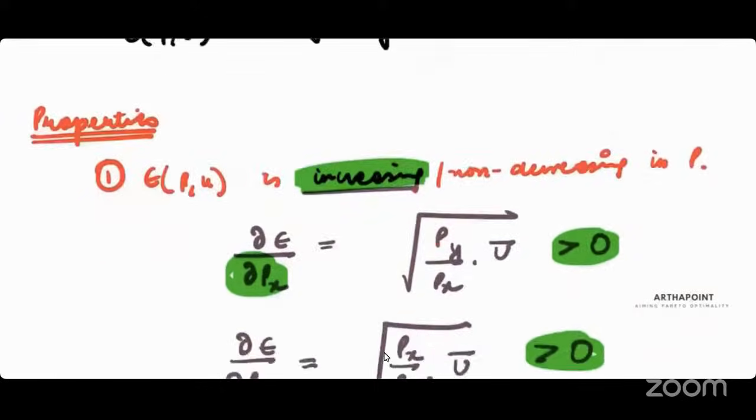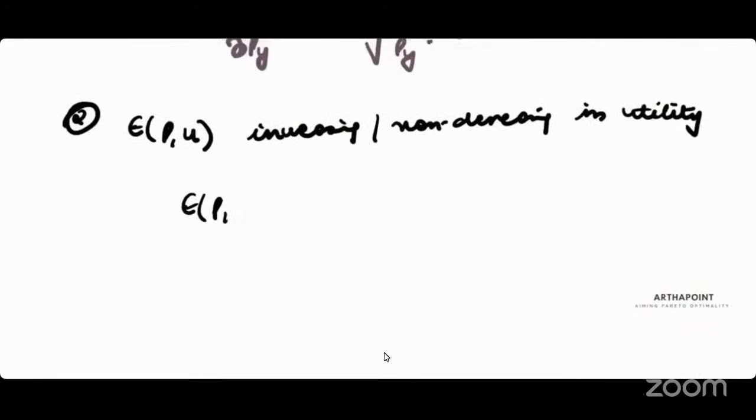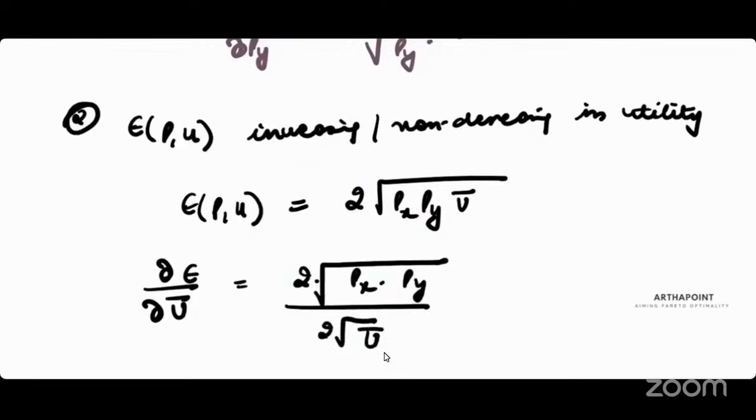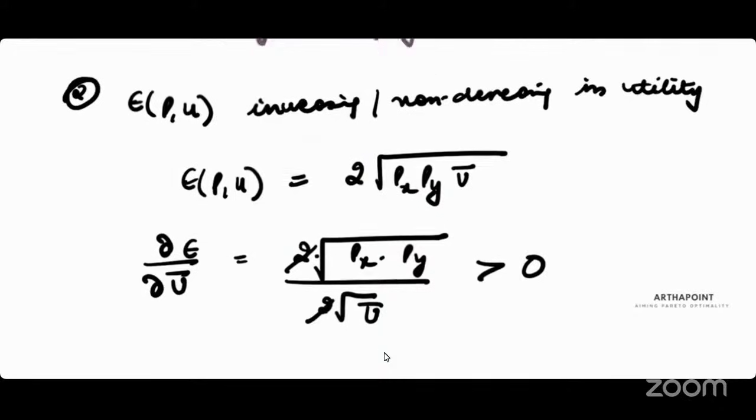So let's go back to the expenditure function, which was 2 root Px Py U bar. And now let's find del E by del U bar, and I will get 2 root Px Py upon 2 root U bar, which is clearly greater than 0. So it is increasing even in utility.